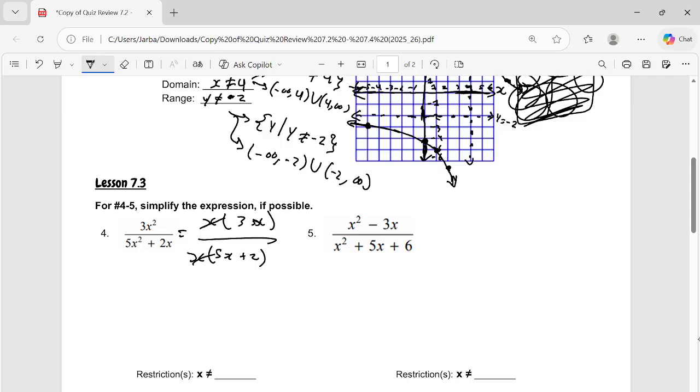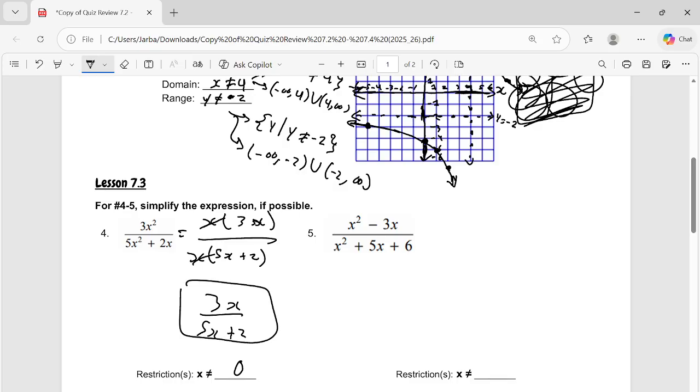So let's cancel out those x's, but remember, we're going to have to give a restriction, right? So x cannot be 0, because if x is 0, you'll have 0 over 0, which is undefined, right? Sorry, my cat is meowing. 3x over 5x plus 2.